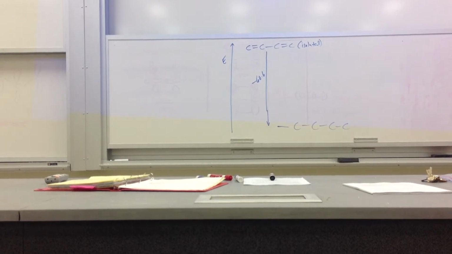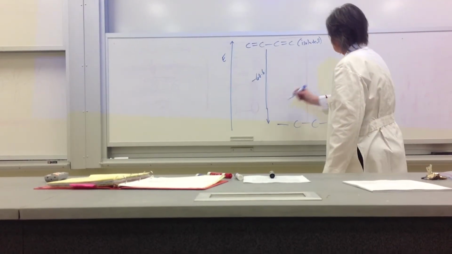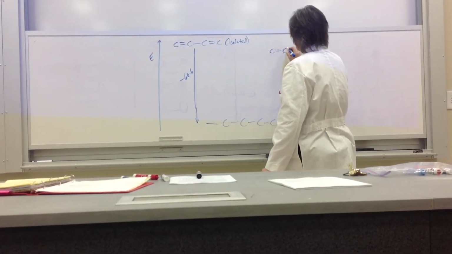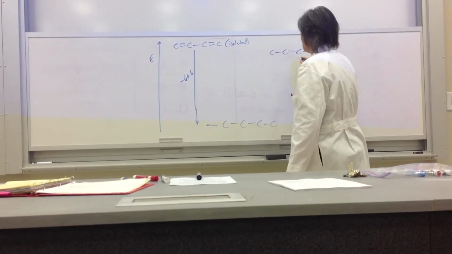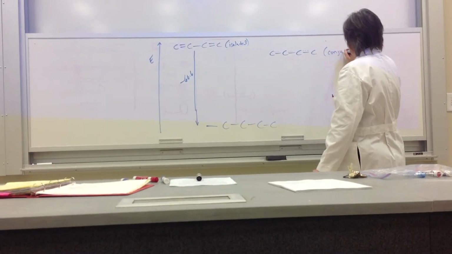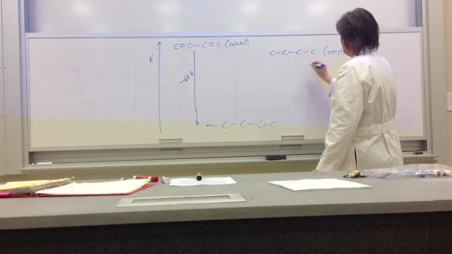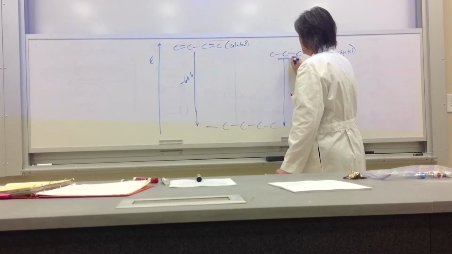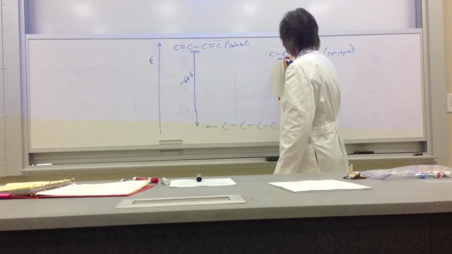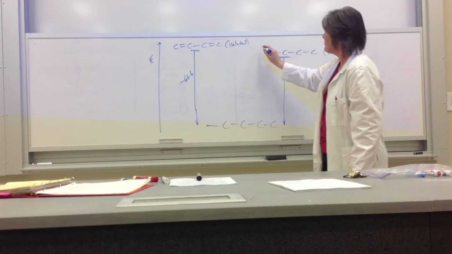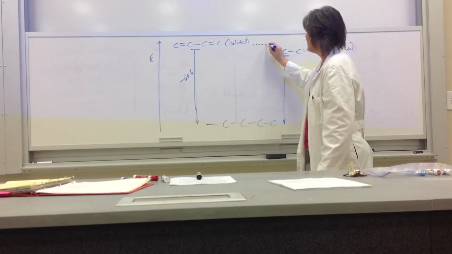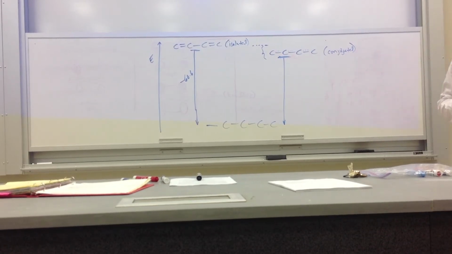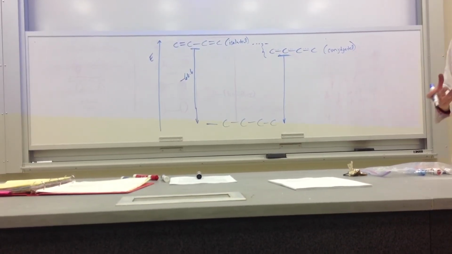So what that means, if it didn't release quite this much, is that the real one, which we can draw like this, is the conjugated one. It has to be lower in energy. It goes to the same place, it's got to be lower. And this difference here, between here and here, that's the lowering in energy you get from that conjugation throughout the whole system.